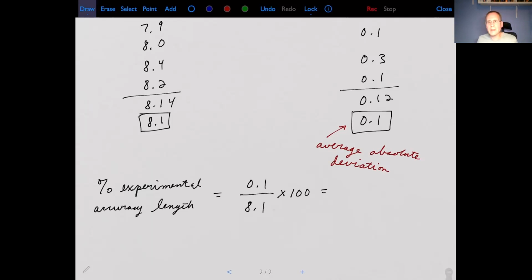And in this case, I'm going to get 1.2%. So that would be my percent experimental accuracy for length.